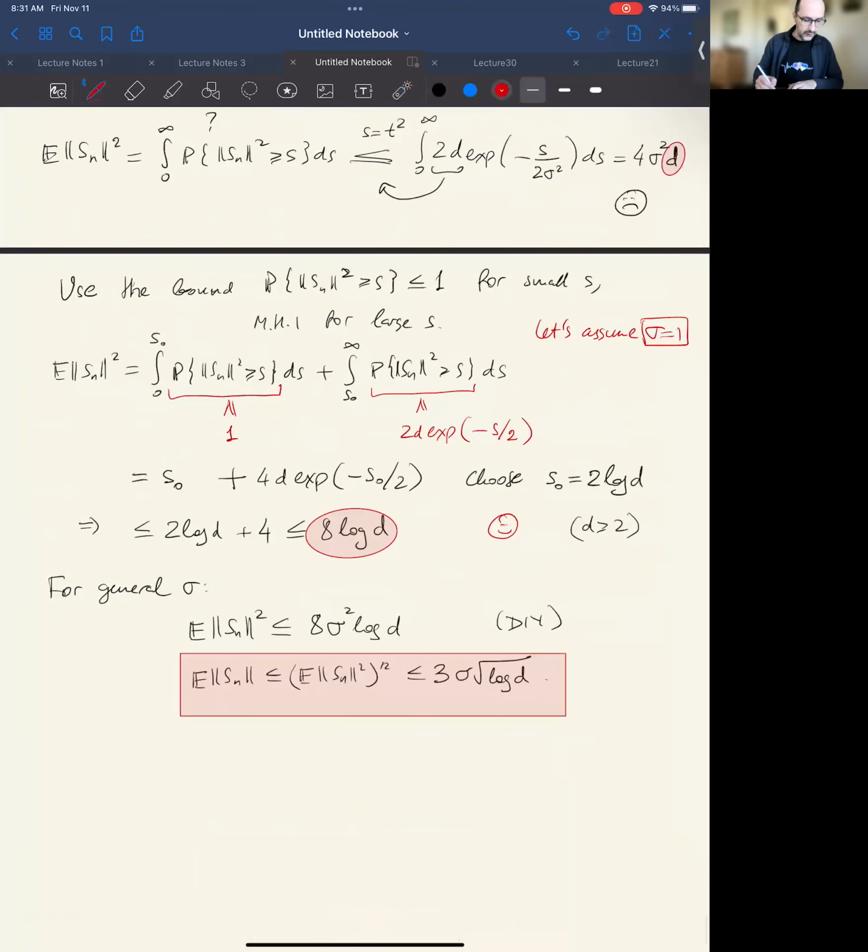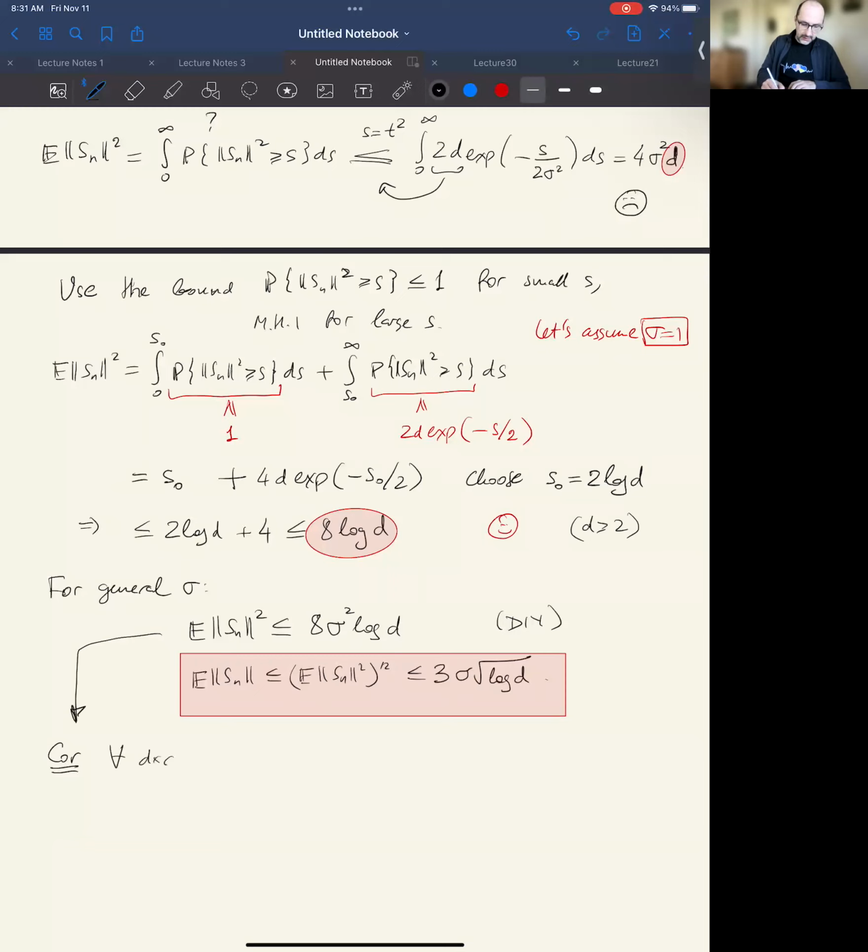So the summary of this is that both in high probability and in expectation, the sum is bounded perfectly with just a logarithmic cost. Yeah, let's rewrite this.